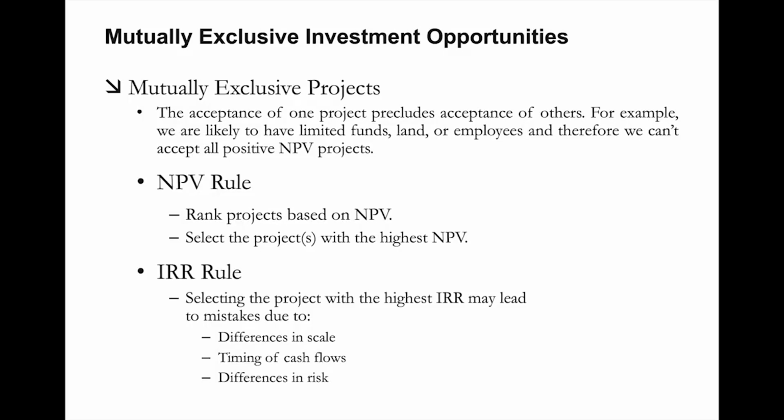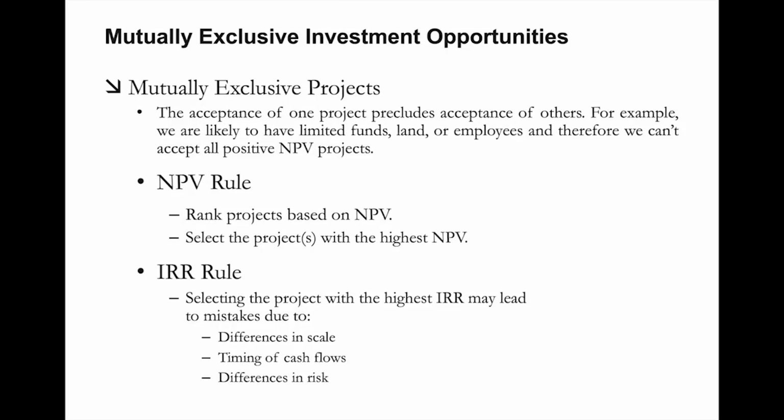So in addition to the problems we saw before, with the internal rate of return rule, now we're looking at problems due to differences in scale and the timing of cash flows.